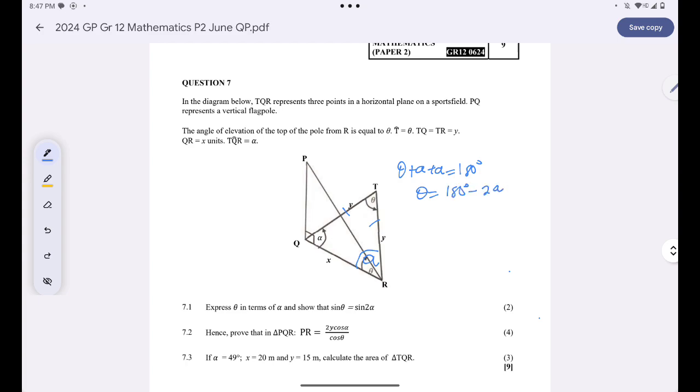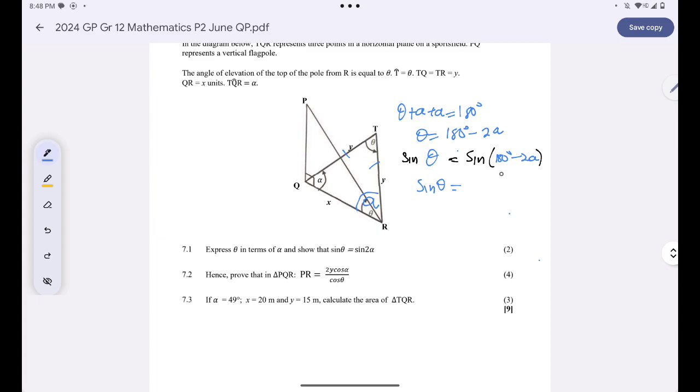If I introduce sine both sides, I can simply say sine theta is equal to the sine of 180 minus 2a. Let me do this just to show that I'm introducing sine, I'll write it in black, né?